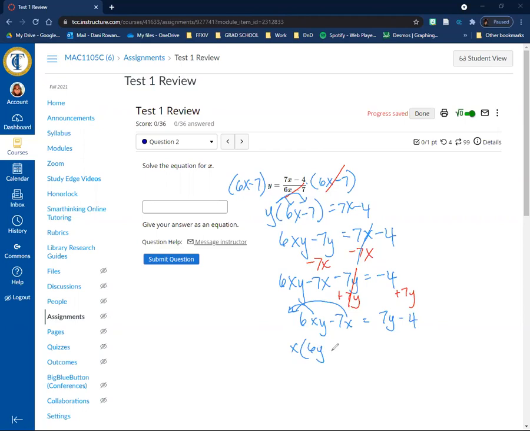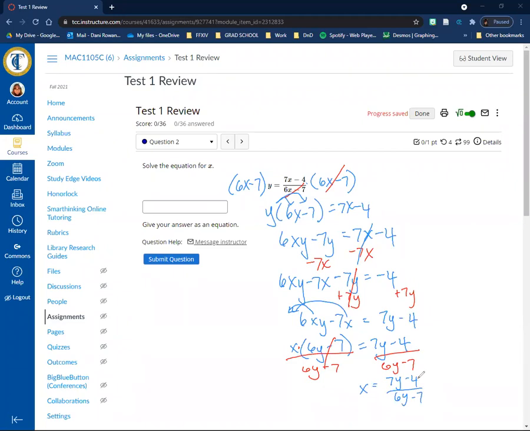And we'll be left with 6y minus 7 times x equals 7y minus 4. And then, of course, that last step, we got to get x by itself. So we're just going to divide, since this is multiplied, by 6y minus 7. That cancels. And we're left with x equals 7y minus 4 over 6y minus 7.